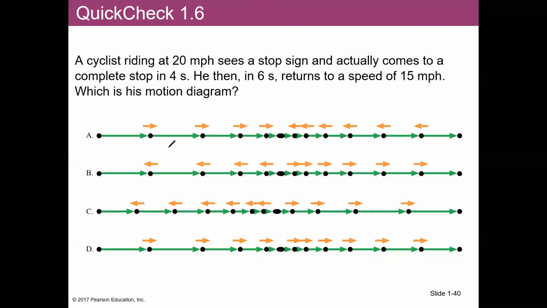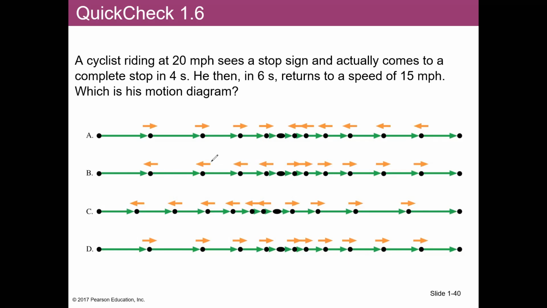So just looking at the velocity vectors, you can immediately eliminate a couple of them, because if you look at C, you start off with a small vector and end with a large vector. All the other ones, you start with a large velocity vector, and then shrink to 0 and then extend to a smaller vector. So C can be eliminated by just looking at the velocity vectors.